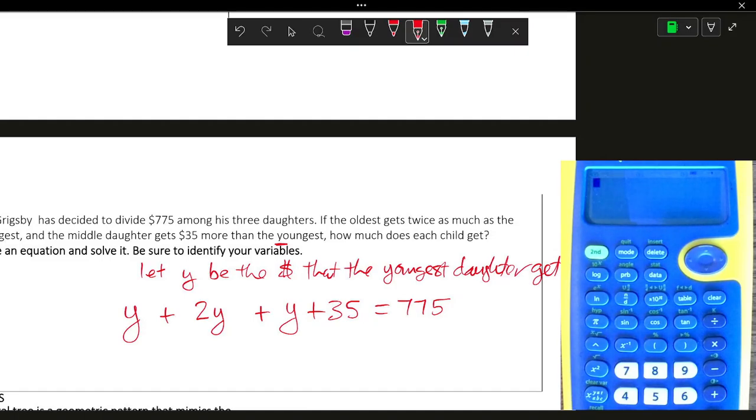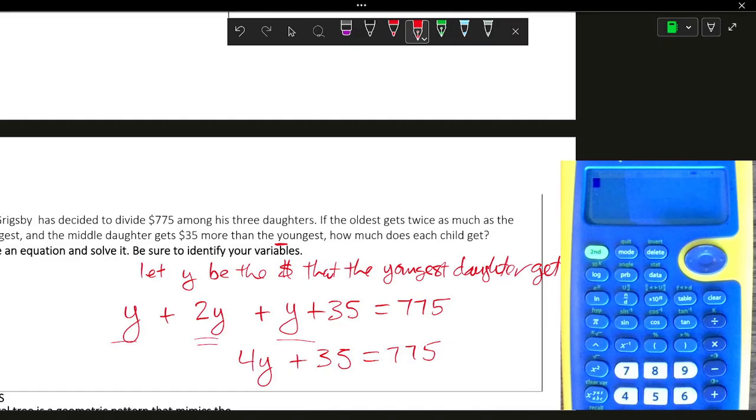So if I look at this, there's a y plus 2 more y's plus another y. So that's 1, 2, 3, 4 y's being added together, right? y plus y, that's what 2y is. It's y plus y plus another y plus $35 has to equal 775.